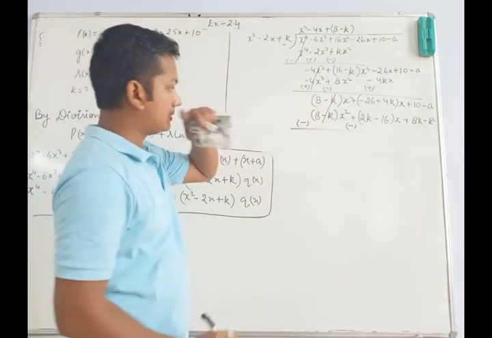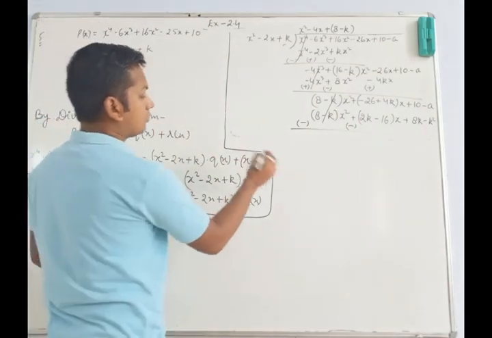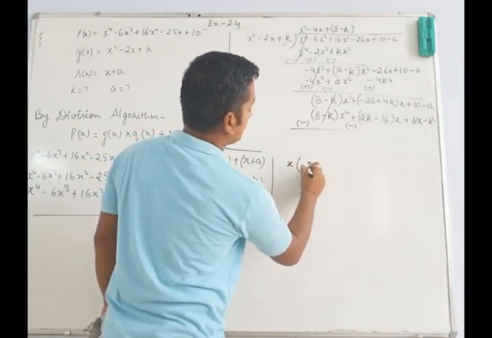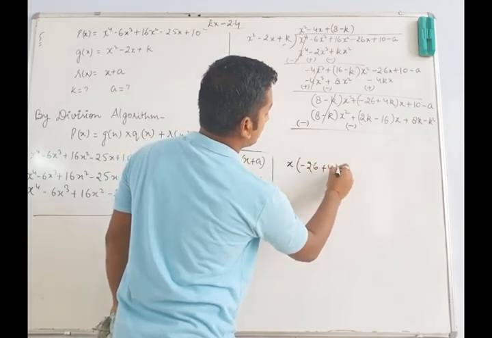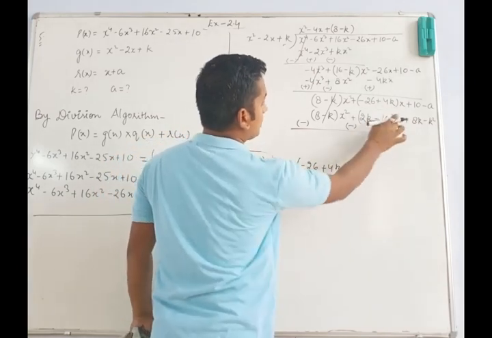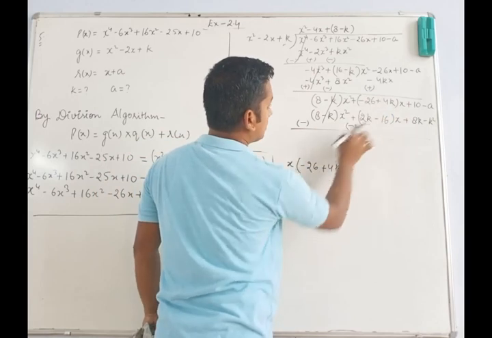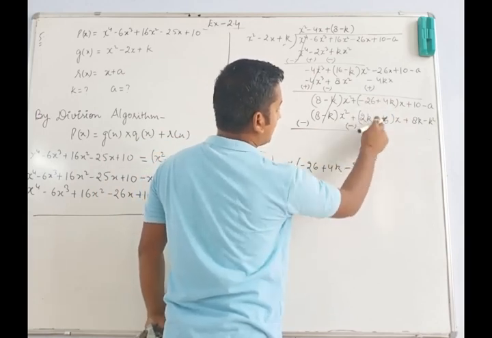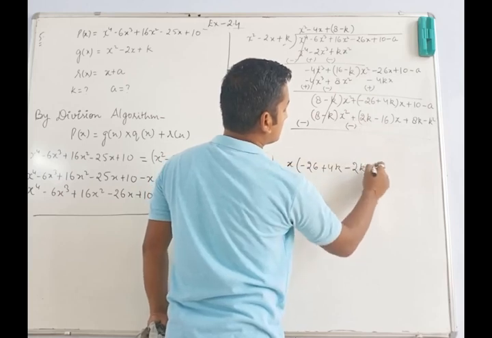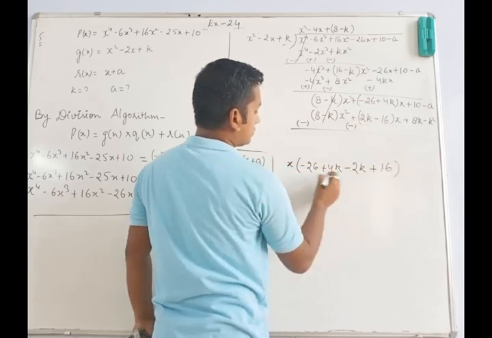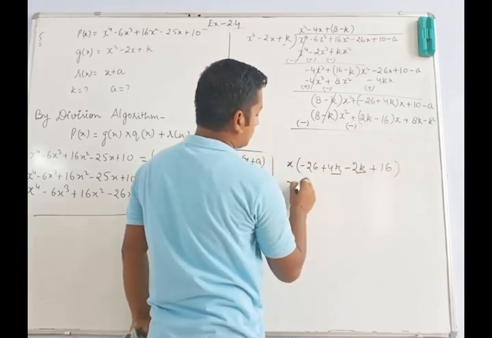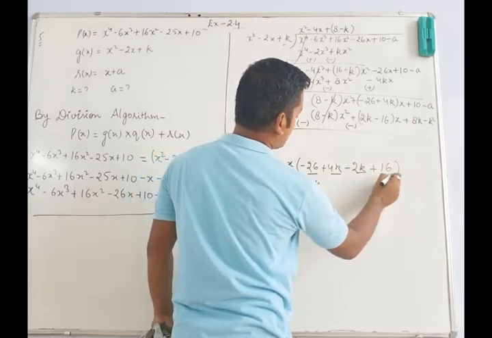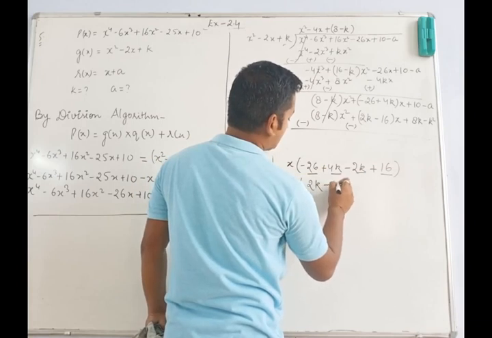Now let us check what comes here. Take x as common. So it is minus 26 plus 4k, x we had taken as common in both the terms. It is minus 26 and 4k, and here it is minus 2k and plus 16. So 4k minus 2k will give you 2k, positive, and minus 26 plus 16 will give you minus 10.